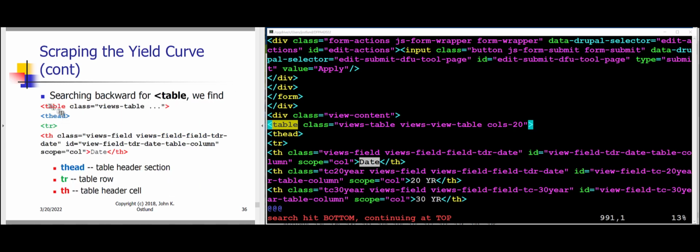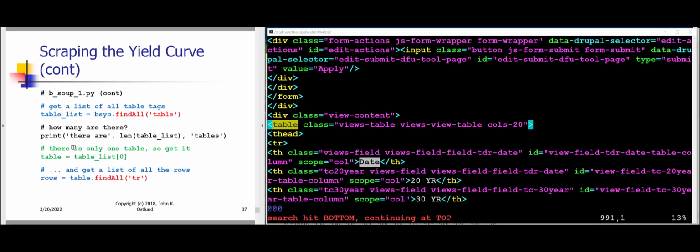And then I searched backward to see where the table started, and I was lucky to discover that there was only one table in here, so I don't have to be uncertain about whether there are multiple tables in here that I have to distinguish between. So let us get a list of all the tables, and we do that by invoking this findAll function on our beautiful soup object.